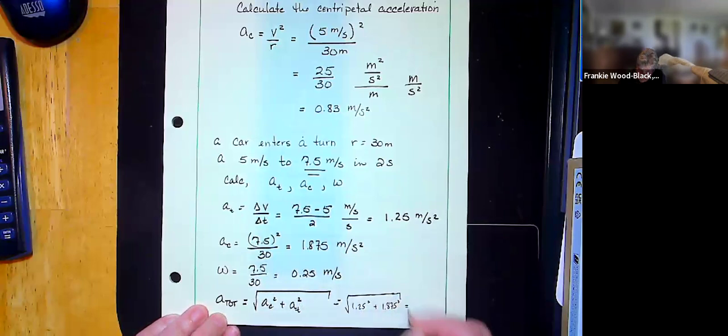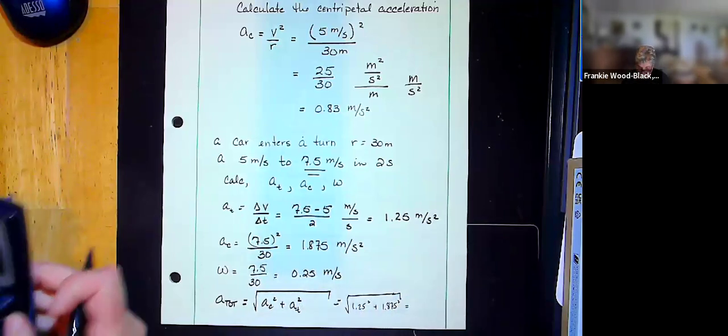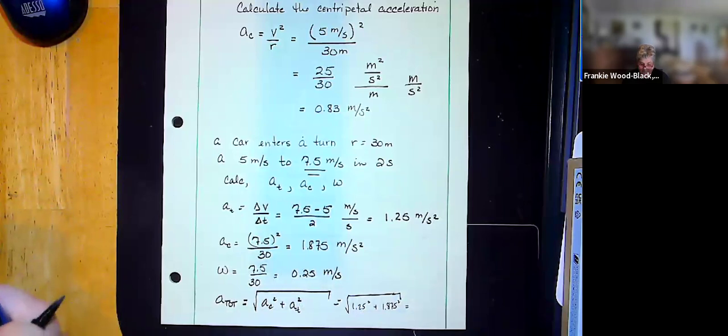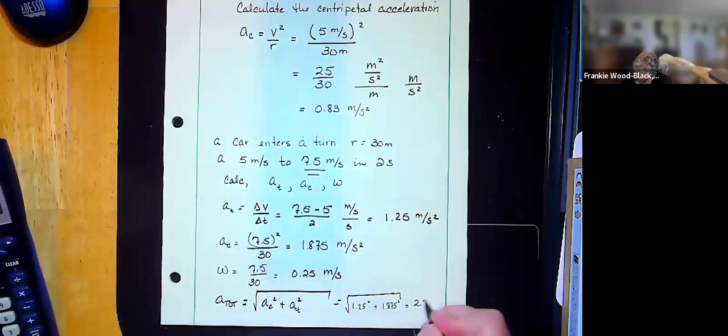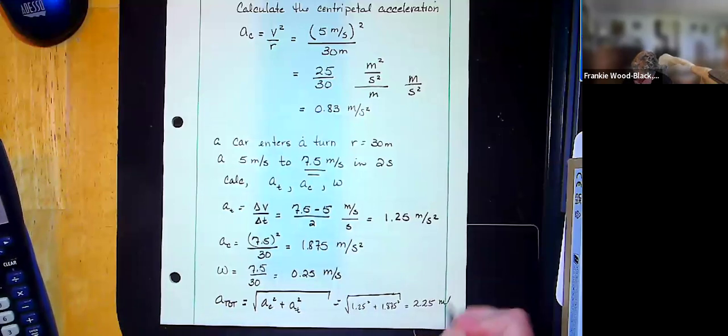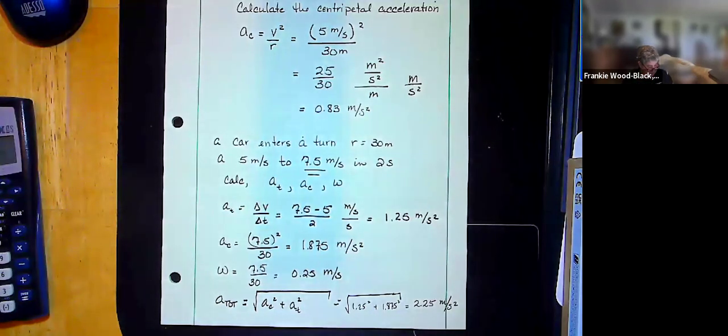And we're going to take the square root of that. And that's going to give me 2.25 meters per second squared. So that gives you a different one to look at, a different way of looking at a problem.